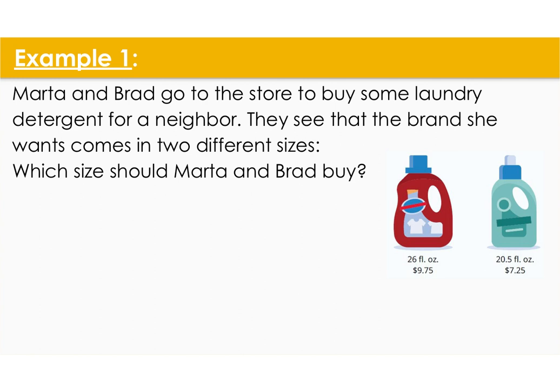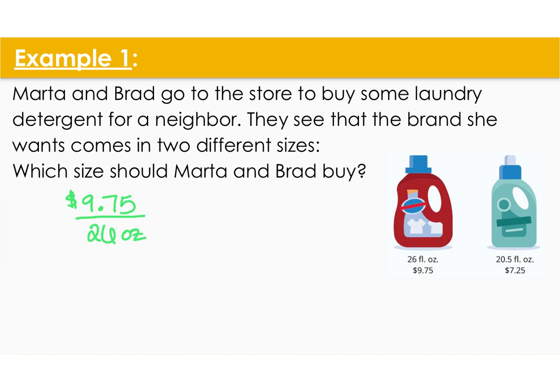So the first one is 26 ounces for $9.75. So I can write that as a rate just like that. I'm going to put $9.75 on top and 26 ounces on the bottom.